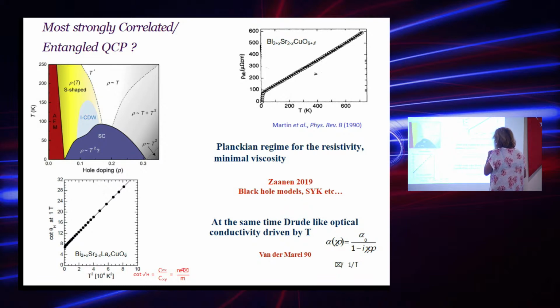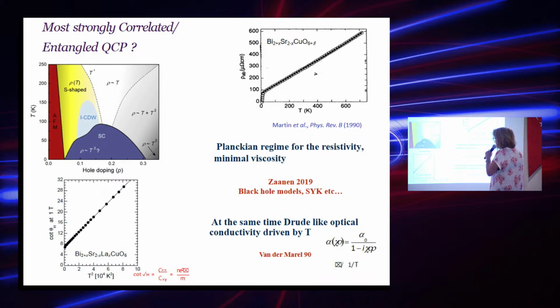Moreover, one doesn't see it here, but believe me, it's quasi-Drude-like. So we know on top of it that if you look at optical conductivity, this linear resistivity is proportional to the Drude width, to the lifetime inferred from the Drude experiment. At the other time, and this was pointed out by Phil Anderson in a very seminal paper, the cotangent Hall angle has a lifetime that goes like T squared.